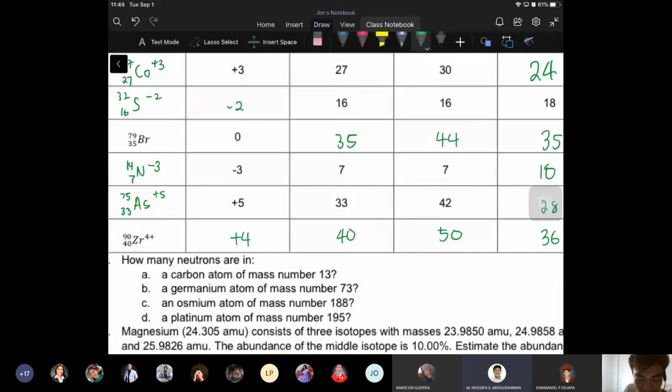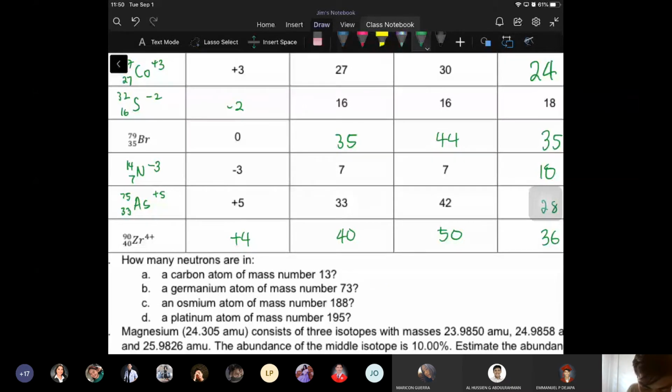Ayun, 7, no? Because the mass number is 13, di ba? Yes. That's proton plus neutron, dapat 13. Carbon is the 6th element. Okay? So, kailangan mag-add ka ng 7 para maging 13. Okay? So, thank you, Al Hussein.